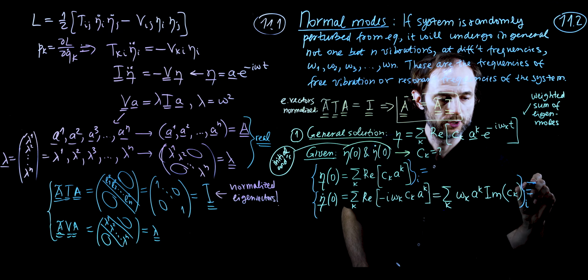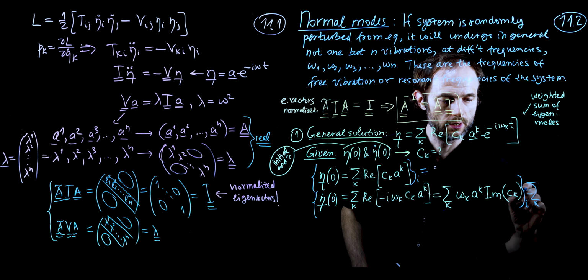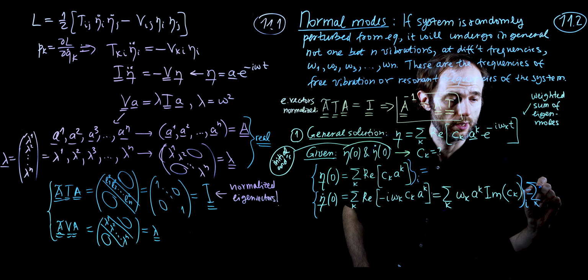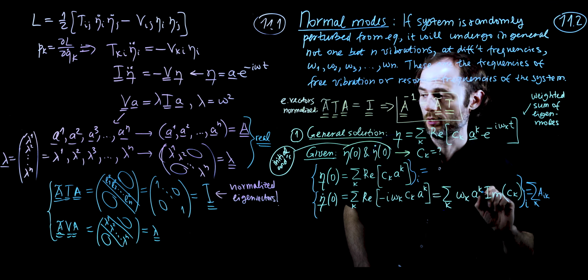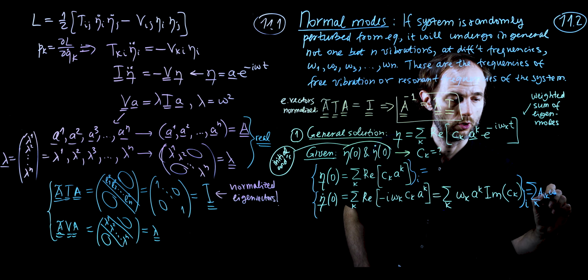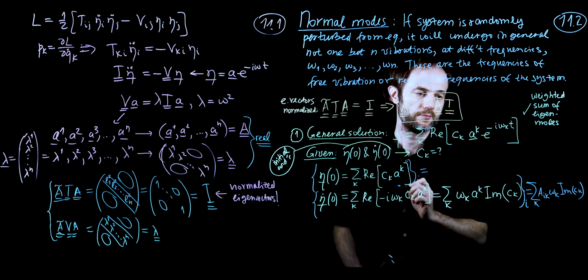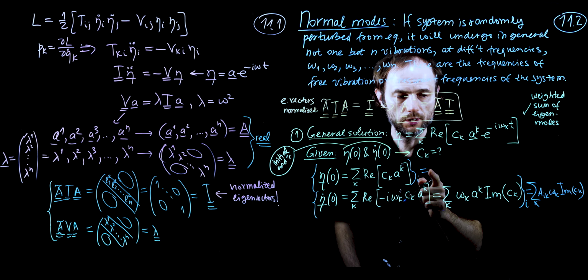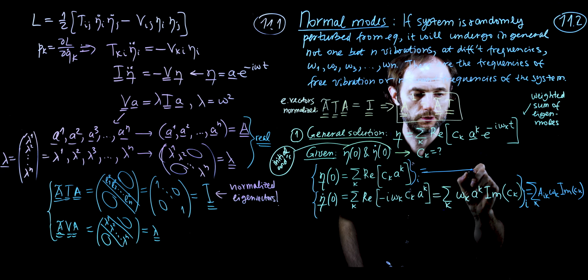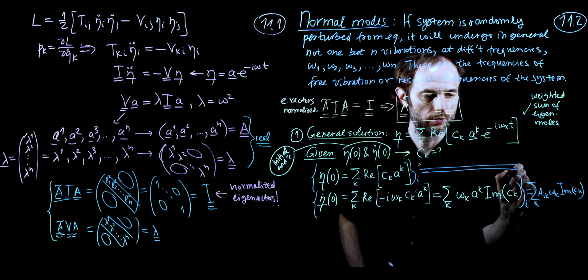This is going to be the sum over k of a_ik times omega_k times the imaginary part of c_k. And here we can continue this equality all the way to here.